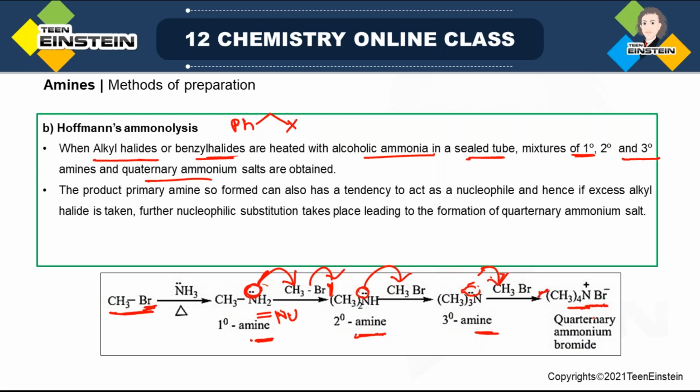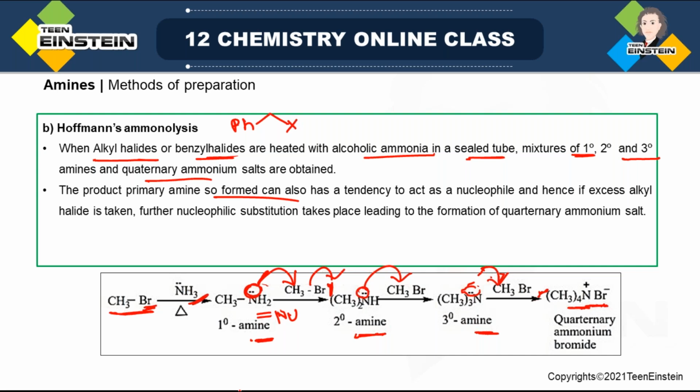So you will end up with a mixture. The primary amine so formed is the same thing, a nucleophile, because you have taken excess halide. So this type of mixture you will get if you have taken extra alkyl halide, but ammonia is only one.